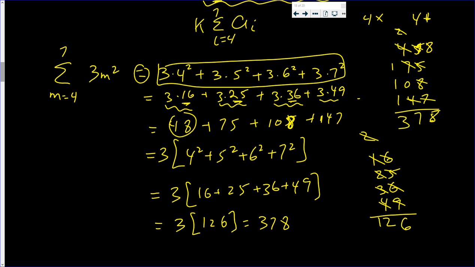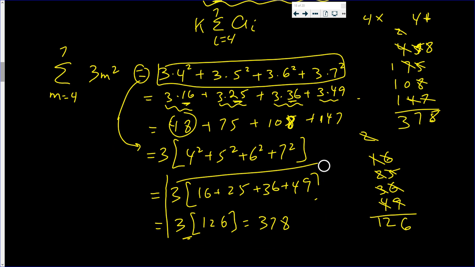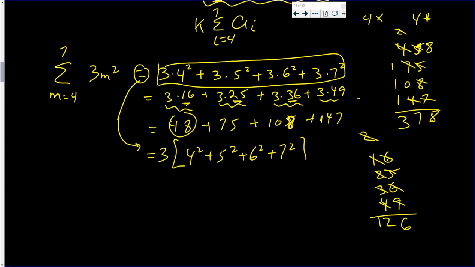The thing is, I only did 1 multiplication when I went from here to here. I only did 1 multiplication by factoring out the 3. The important thing is the following. Whether I did the math right or wrong, the 3 factors out.